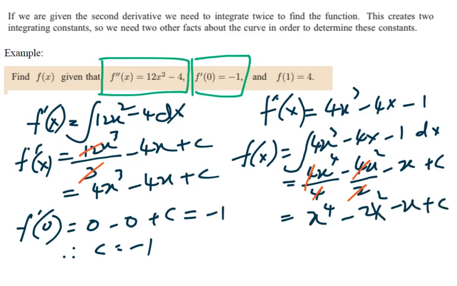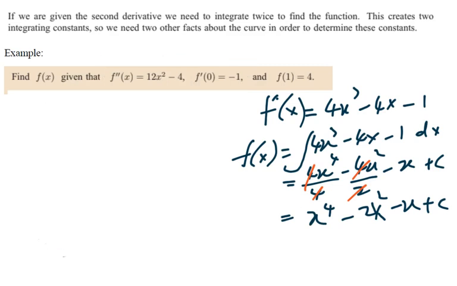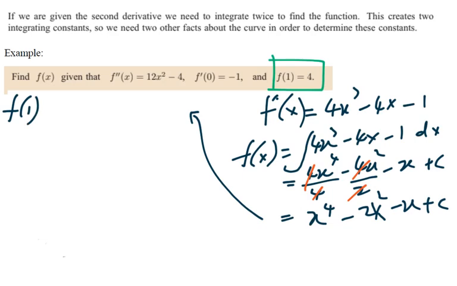The next information given in the question will lead you to the function of f. The information given is f, when you substitute x equals 1, it will give you 4. Hence from here, f(1), so when I substitute 1 in the equation, I'll get 1 minus 2 minus 1 plus c, and I should be able to get 4.